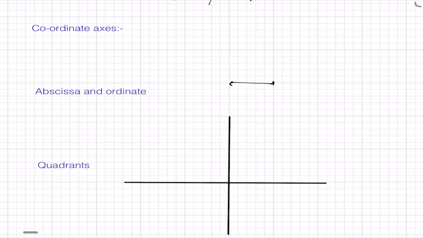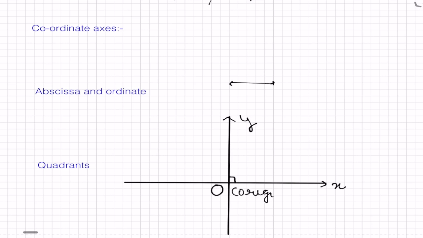When we divide the graph paper into two parts, vertically and horizontally, these axes are known as coordinate axes. The horizontal line is known as the x-axis, the vertical line is known as the y-axis, and both are perpendicular to each other. Wherever these two meet, that point is known as O, the origin.